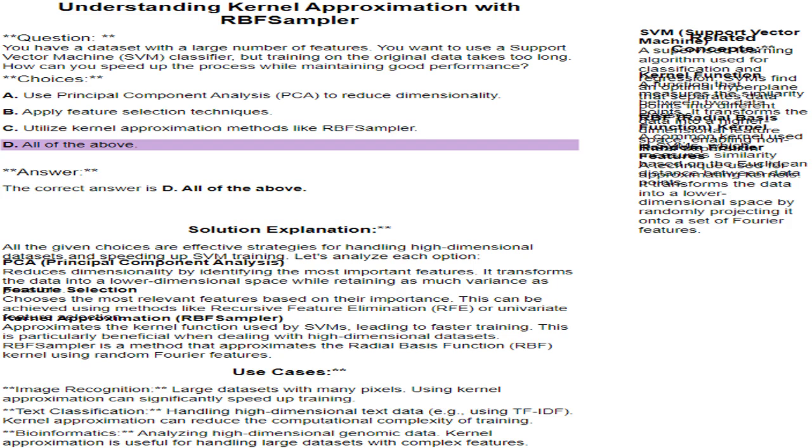Kernel approximation, RBF sampler, approximates the kernel function used by SVMs, leading to faster training. This is particularly beneficial when dealing with high-dimensional datasets. RBF sampler is a method that approximates the radial basis function RBF kernel using random Fourier features.